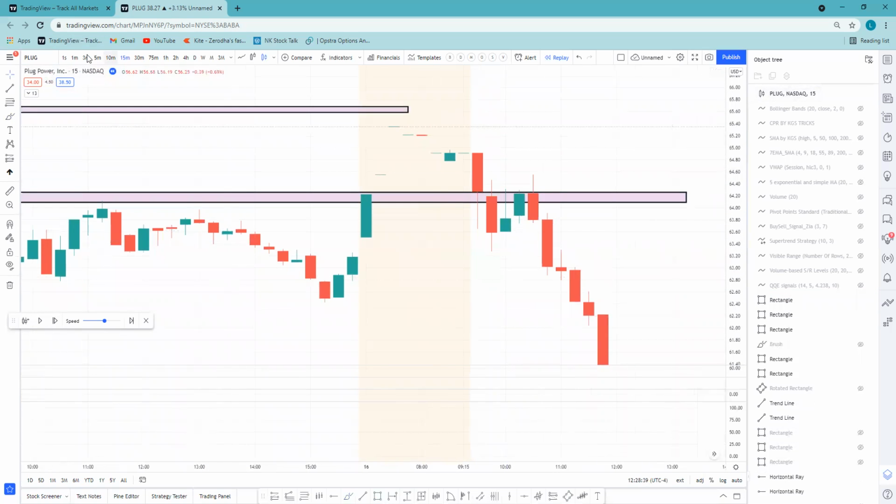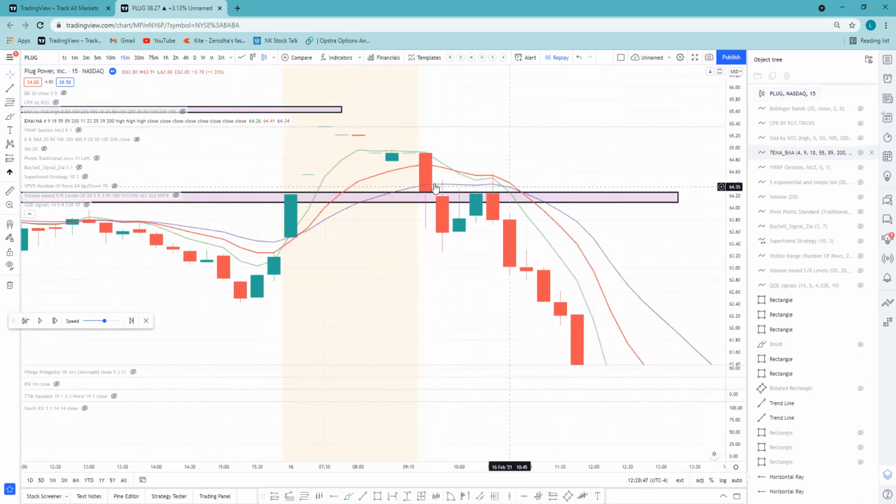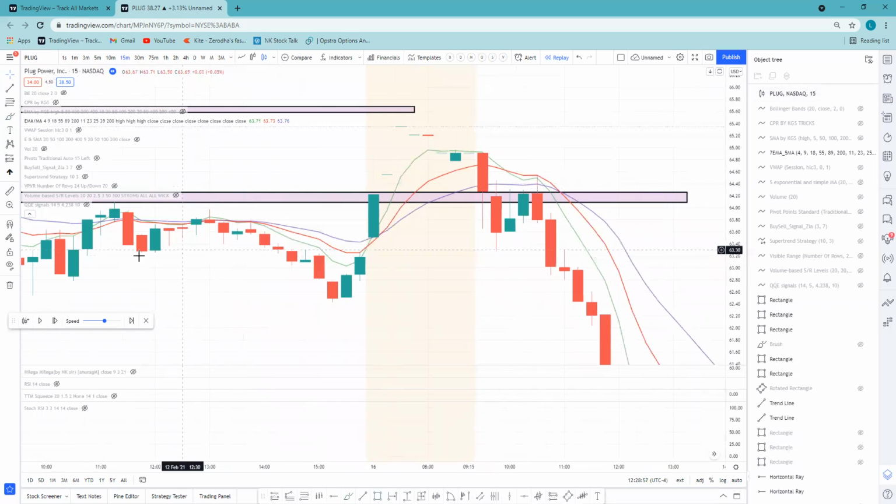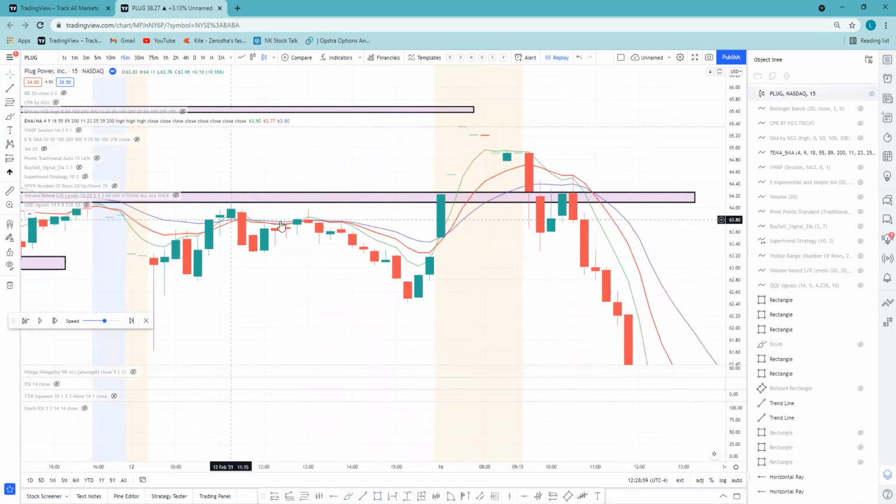Now, if you are on the EMA, when you have the 4, 9, and 18, when the price is below 18 and not able to breach 18, you can see the price is very weak because it's already trending below the 18 EMA. In the past, price tried to breach the 18 EMA, but it fell.